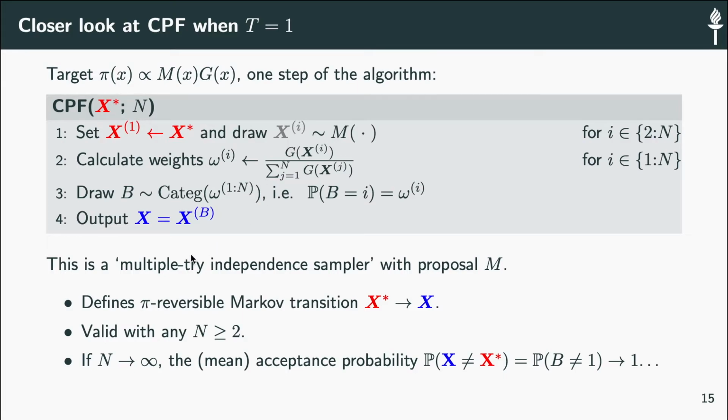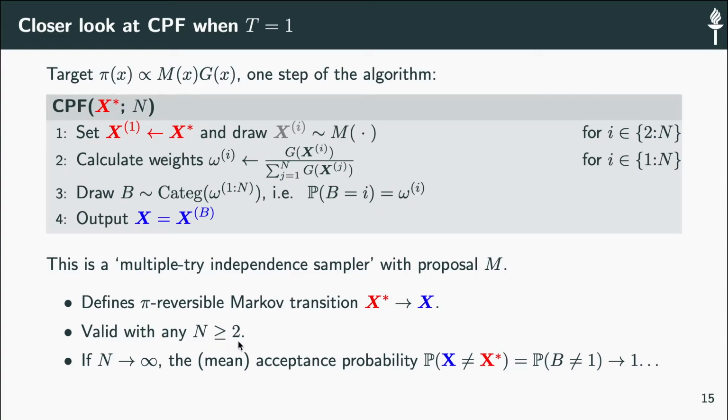You can regard this as a multiple-try Metropolis, but indeed a multiple-try independent sampler, because we are proposing from an independent proposal m. This defines a pi-reversible Markov transition, rather easy to see, and it's valid with any number of particles.